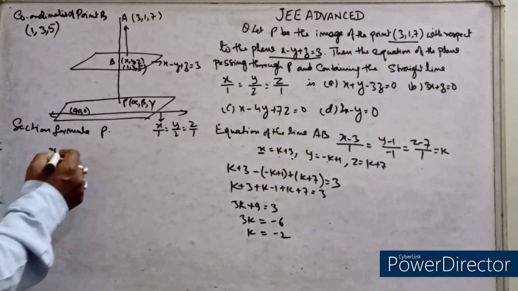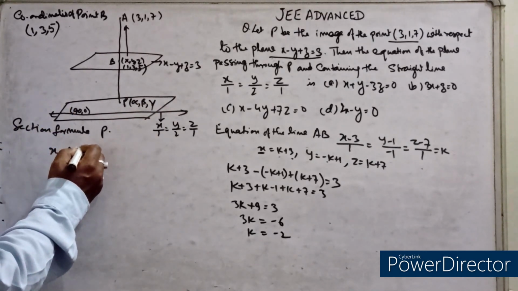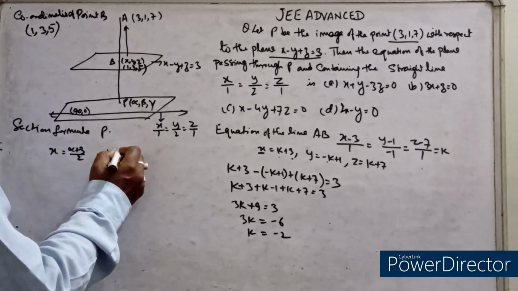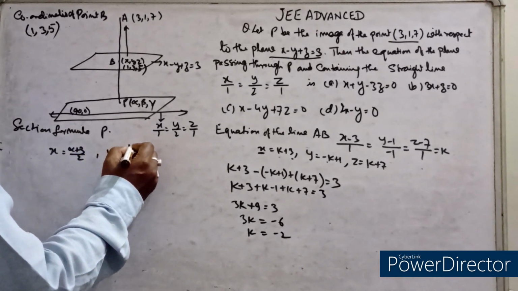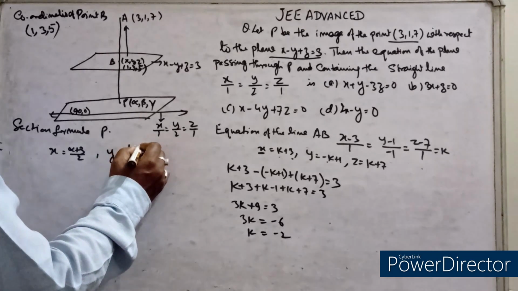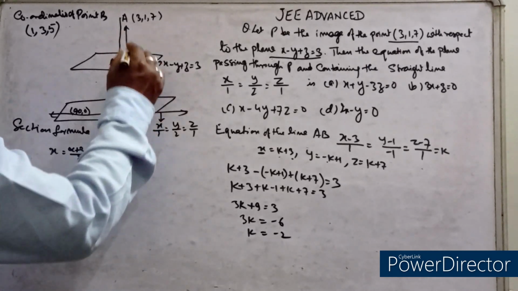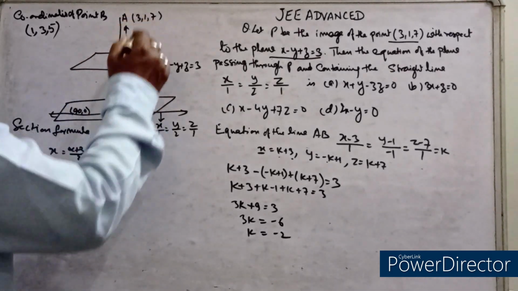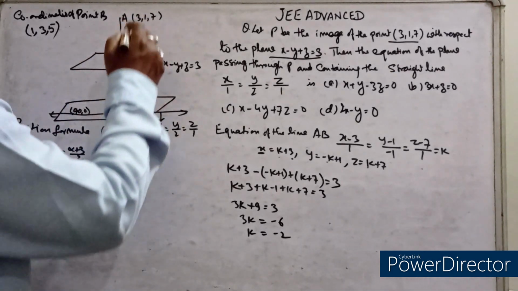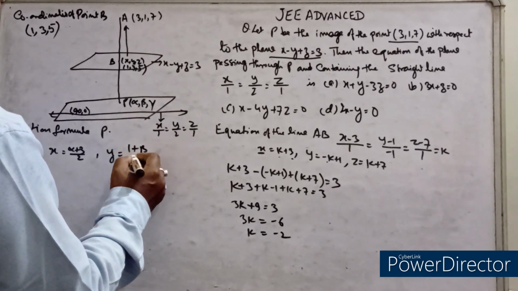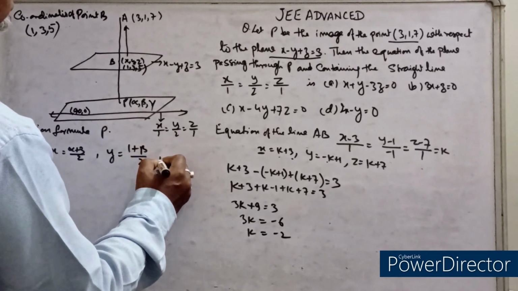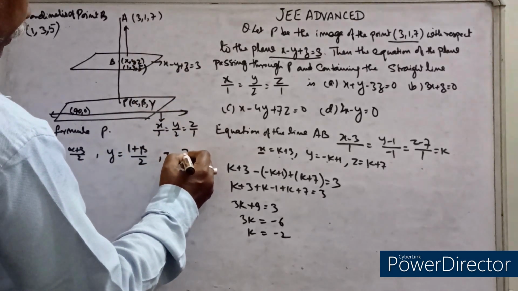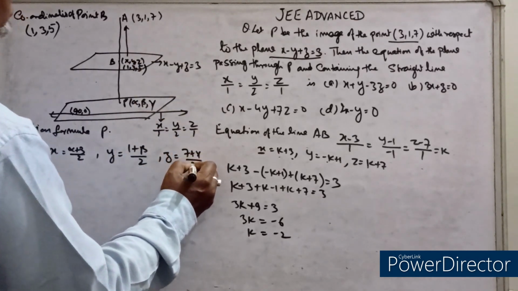So x will be (alpha plus 3) by 2, y will be (1 plus beta) by 2, and z will be (7 plus gamma) by 2.